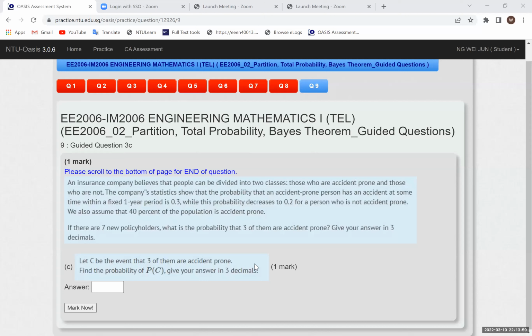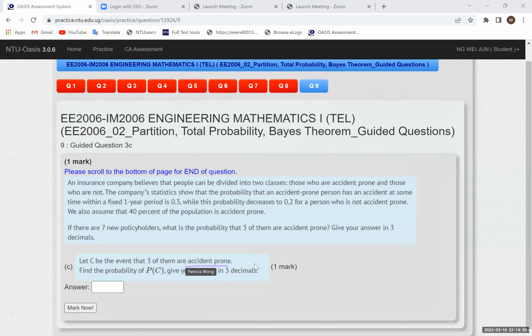Can you see? Yeah. So I do not know how to know when to use the binomial formula for this one. Then your C is what? 3 of them are accident prone.